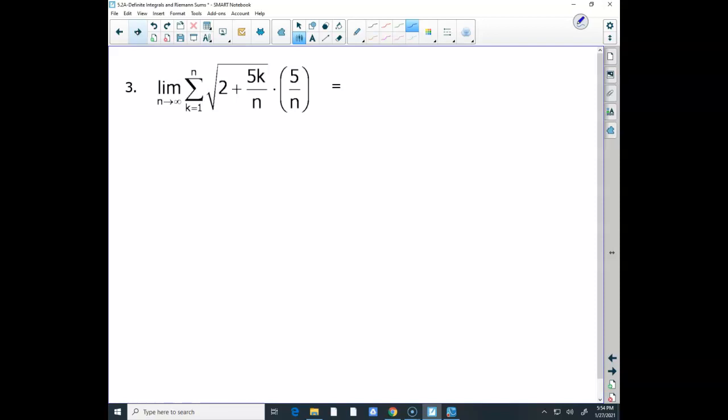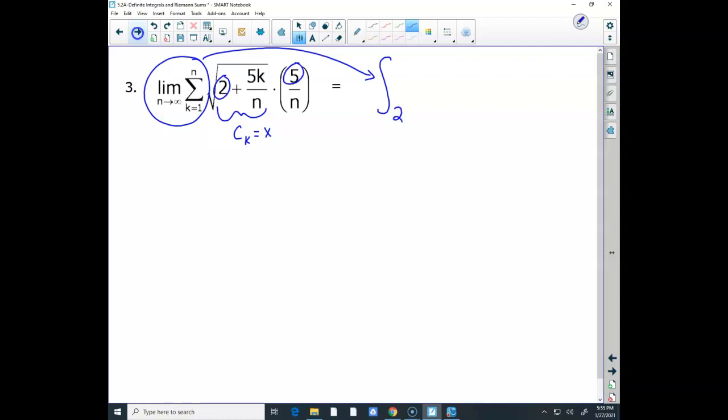So what are we going to do? There's a delta x. I have options here because I have a constant added to my delta x, and I can see the k is there. I can call this whole thing my c sub k if I wanted to. Remember, c sub k equals an x value. That's all it is. And then if this whole thing's my c sub k, hey, there's my a.